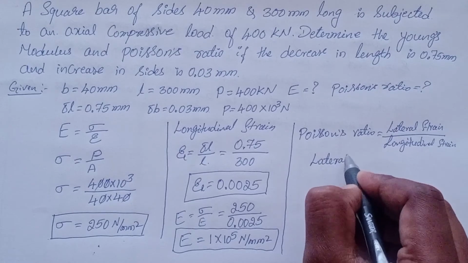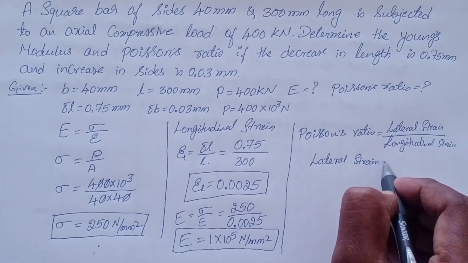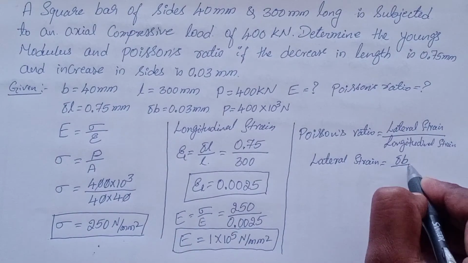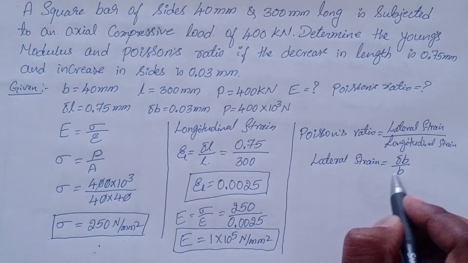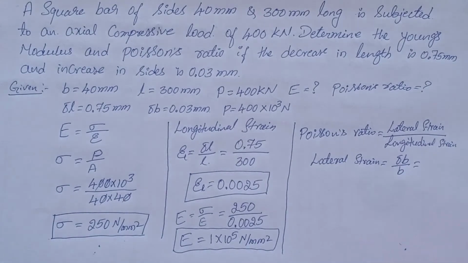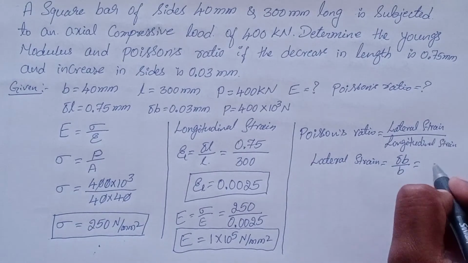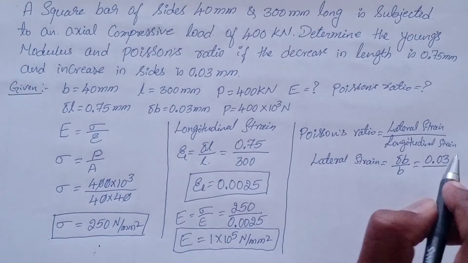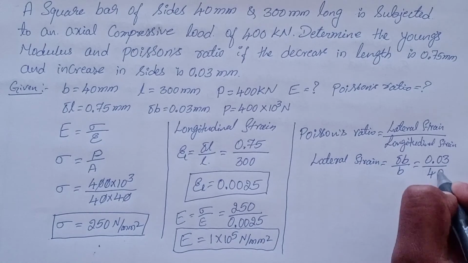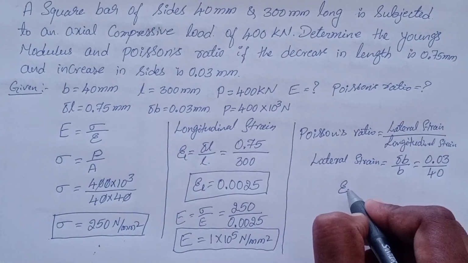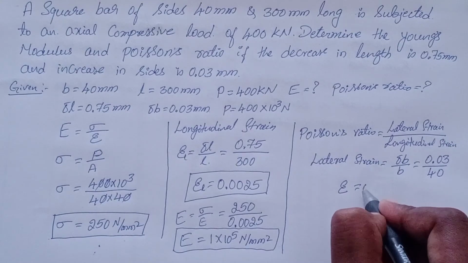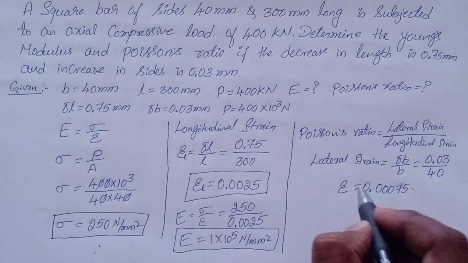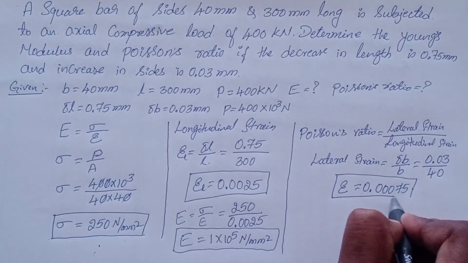The lateral strain is equal to change in width, delta B, divided by original width B. Delta B is 0.03, divided by original width 40. So the lateral strain is 0.00075. This is the lateral strain.